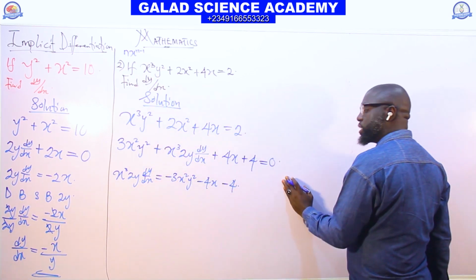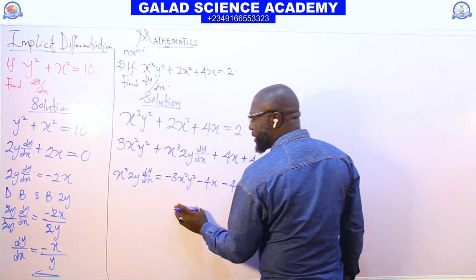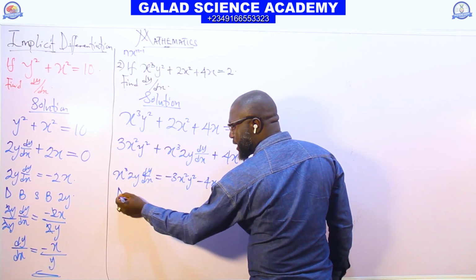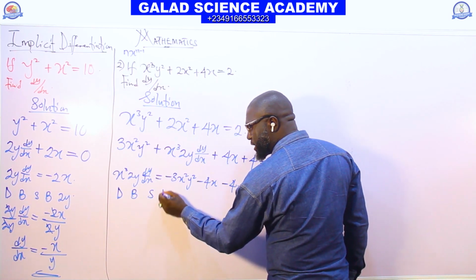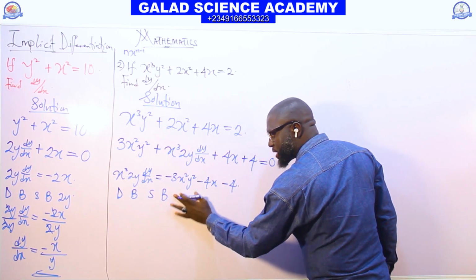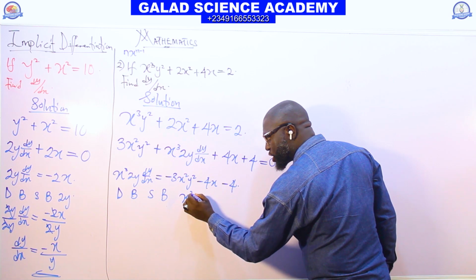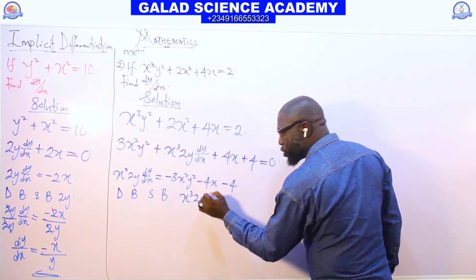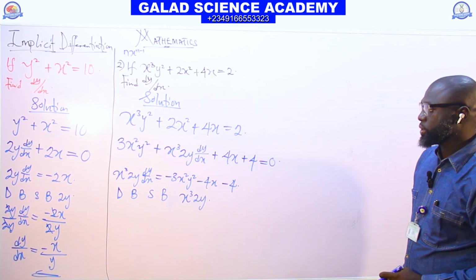This will come to this side. From there, divide both sides by y cubed 2y.